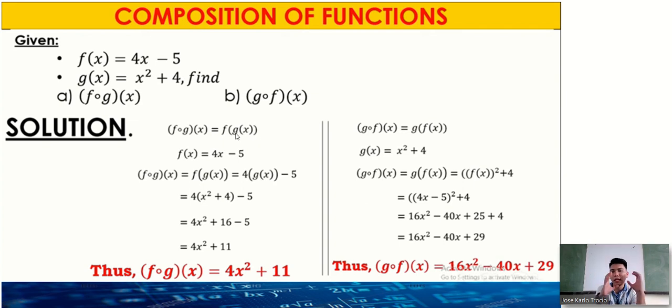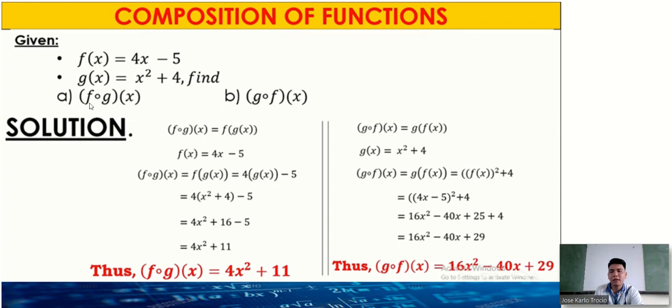As you can see, instead of using f of x here, we use f of g of x because of this problem. That means in every x that you can see in the function f of x, which in this example we only have one, we are going to substitute the function g of x, which is x squared plus 4, in this x here, in f of x.